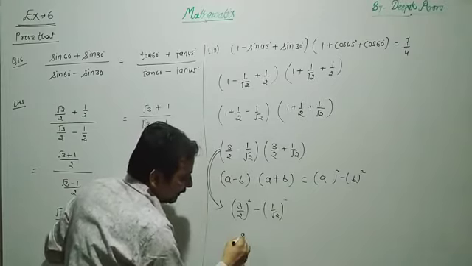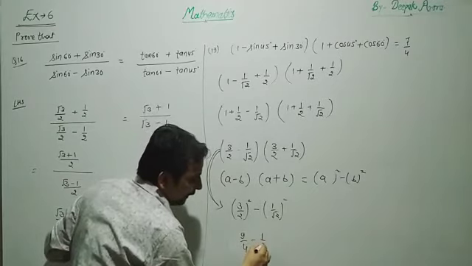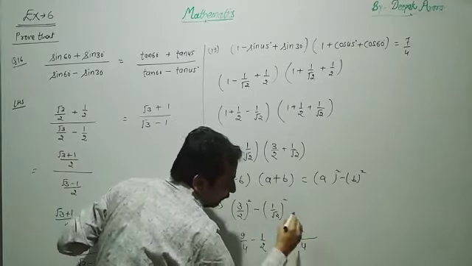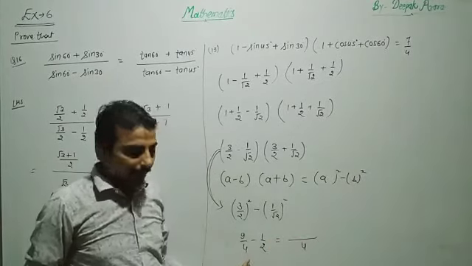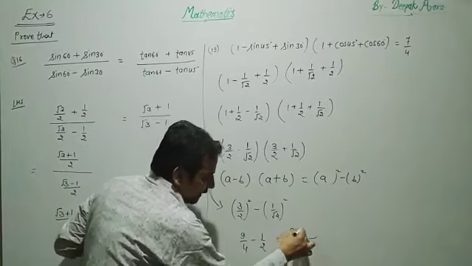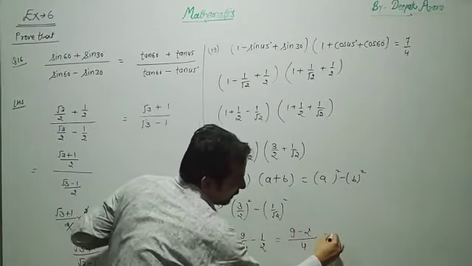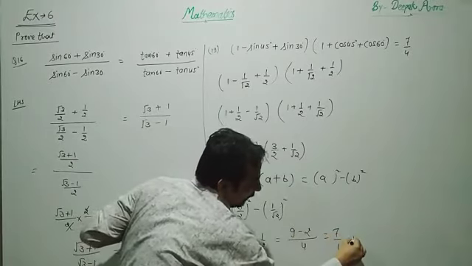The value is 9 by 4 minus 1 by 2. Taking LCM 4, it is 9 minus 2, so the value is 7 by 4, which is the RHS.